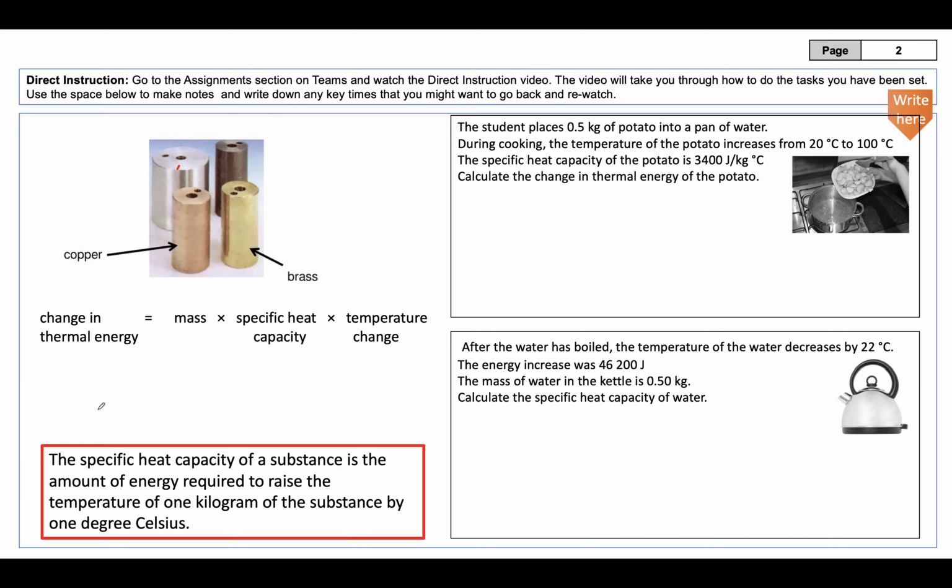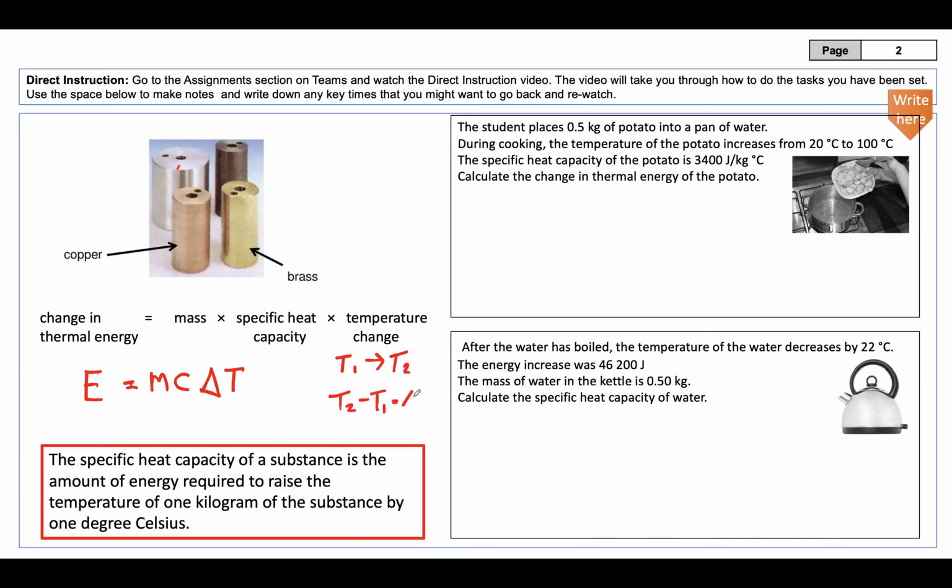The equation that we'll use is E is mass times specific heat capacity times the change in temperature. So if we go from temperature 1 to temperature 2, to work out the change in temperature, we would just do the final minus the initial.